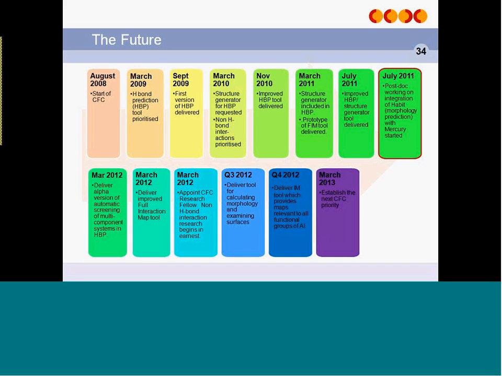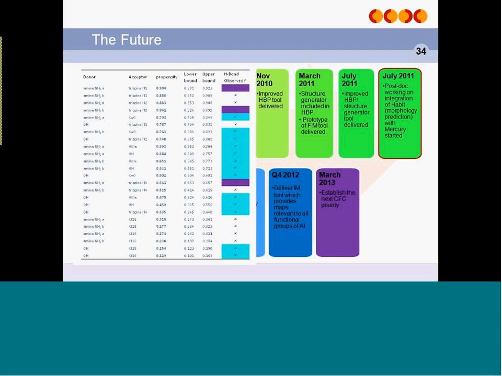Okay, so the Crystal Form Consortium continues. We've finished phase 1, but we're about to enter into phase 2. And I just wanted to very briefly show you some of the development work that's going on at the moment, just to give you an idea of the directions that we're heading in. We're working at the moment on a tool which should automate the analysis of multi-component forms using a hydrogen bond propensity tool.